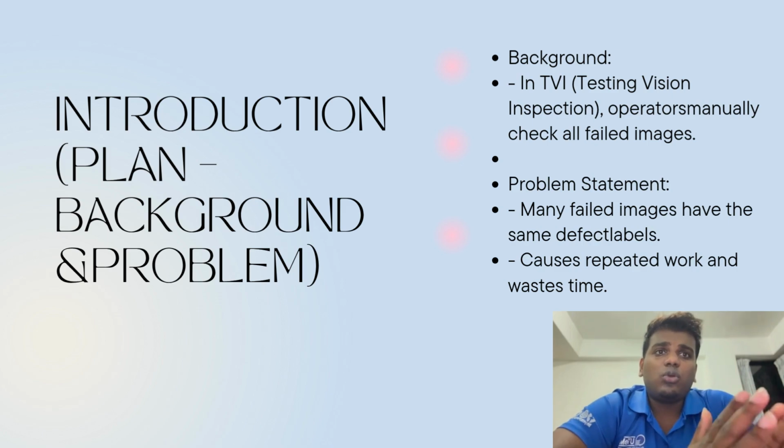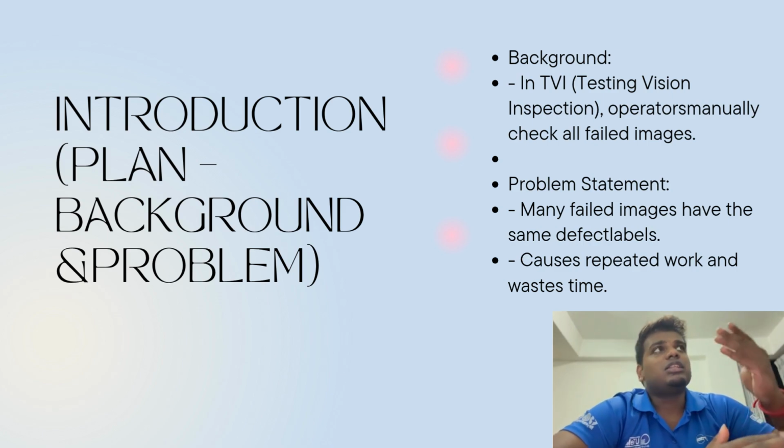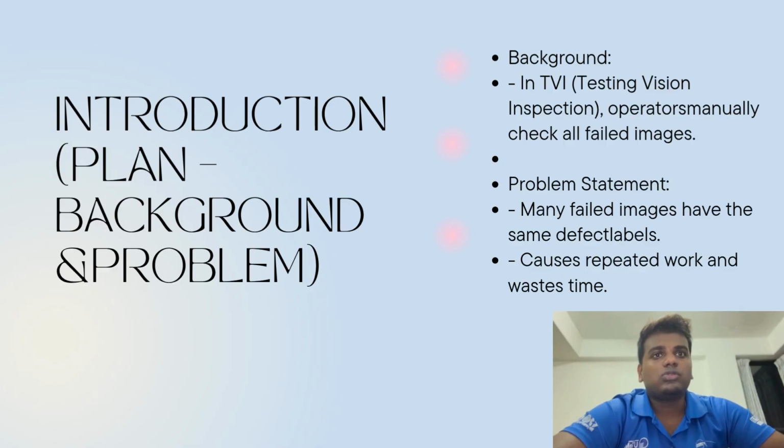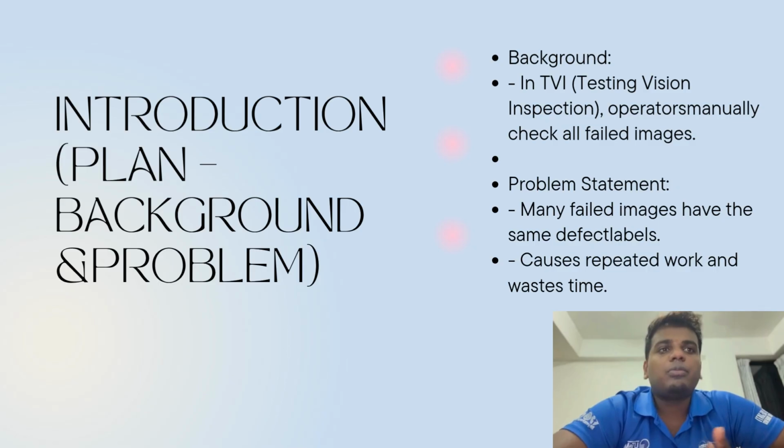There's no automation to tell us whether the defect is new or already known. So I identified this as a small but important problem, and I came up with an idea to reduce this manual repeated work using Python.